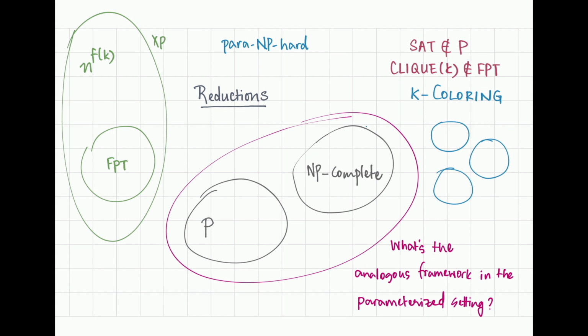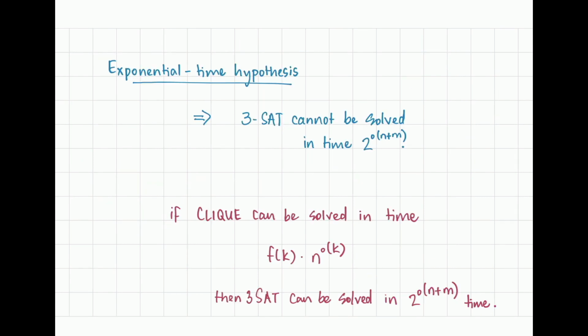Just to make this concrete, I would have to bring up the exponential time hypothesis. I'm not going to state the exponential time hypothesis, or ETH, in its original form, but really focus on one of its most well-known implications, which is that 3SAT does not have an algorithm that runs in time 2^{o(n+m)}, where n and m are respectively the number of variables and clauses in the 3SAT formula.